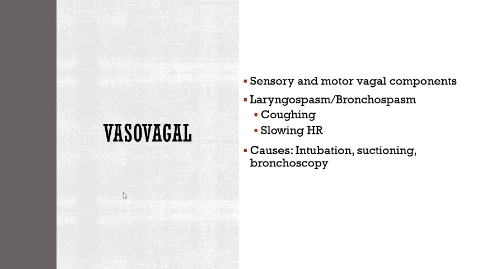They're not able to remove their own secretions very well. So we'll go in and we'll suction. Some patients, you have to be very careful with that because they will have this vasovagal and it will affect their heart rate so much that it can be dangerous. So this is something that we pay attention to, and it's called a vasovagal reflex. So that's kind of the explanation for that one.